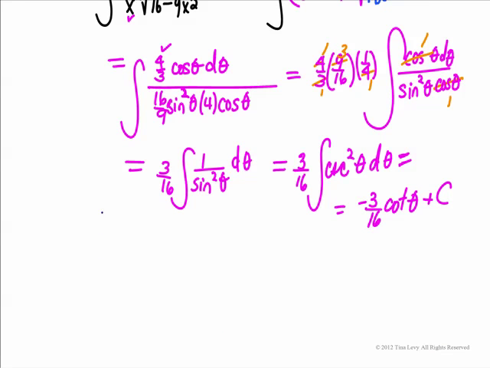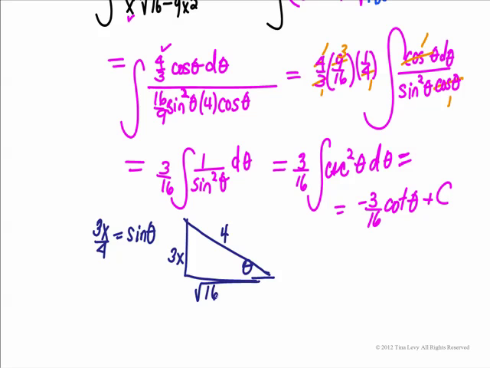From our key, 3x over 4 was sine of theta, and then from our triangle, here was theta. It was opposite over hypotenuse, and this was 16 minus 9x squared, its square root.